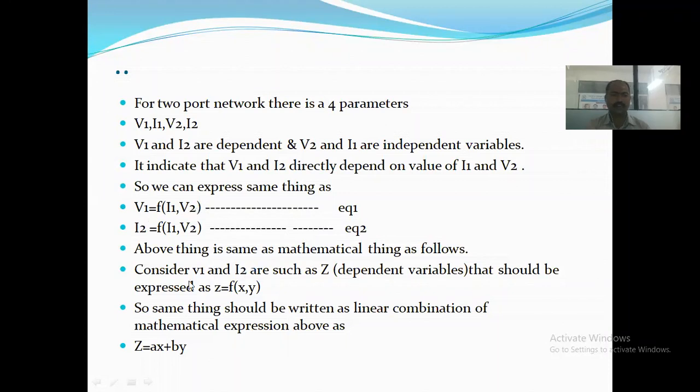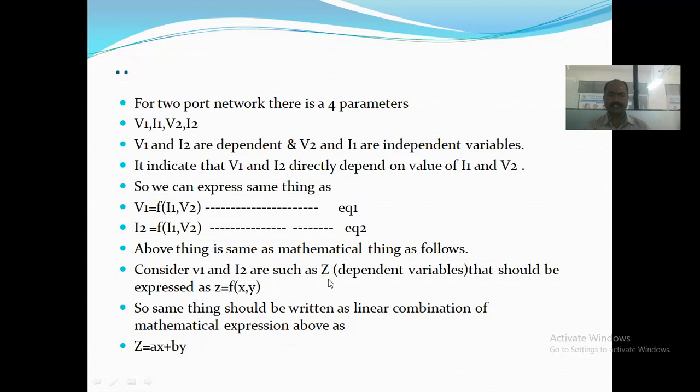Meaning when anything comes with respect to Z, it is considered a function of the variables x and y. I1 and V2 are considered the variables x and y, and V1 and I2 are considered the Z parameter. So this is Z as a function of x comma y in mathematical terms.